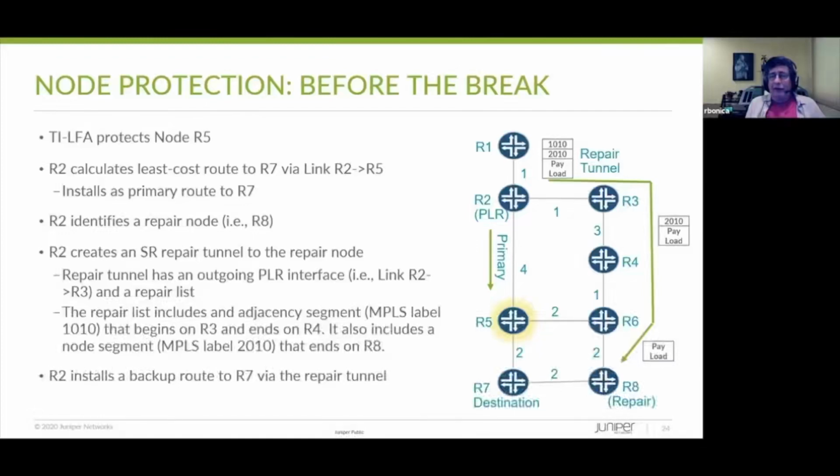And the adjacency segment 1010 that begins on R3 and ends on R4. So what happens in this? R2 pushes the label 2010 and then the label 1010 and forwards the packet to R3. R3 pops the label 1010 and that label causes it to forward the packet to R4.